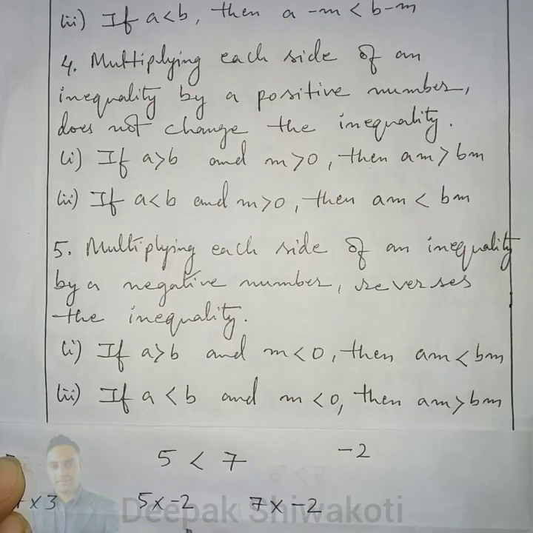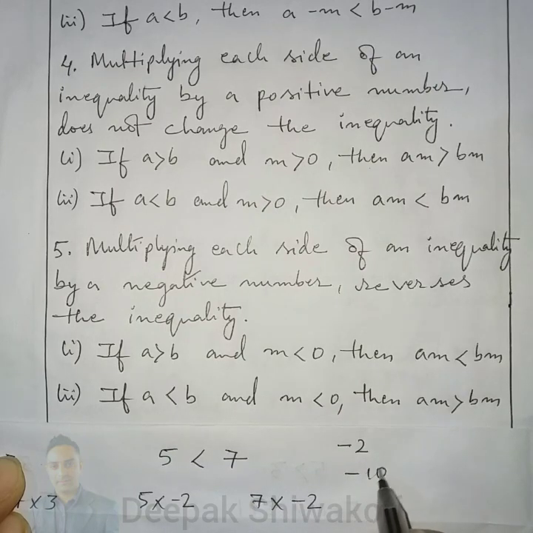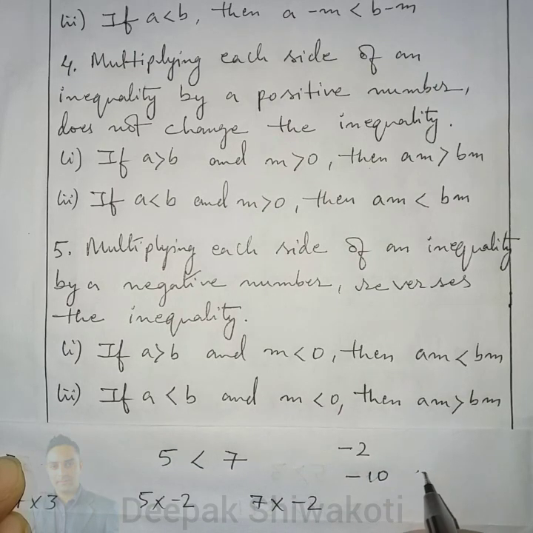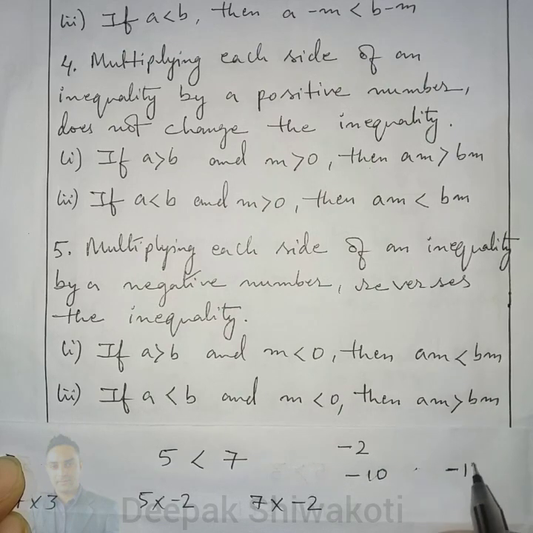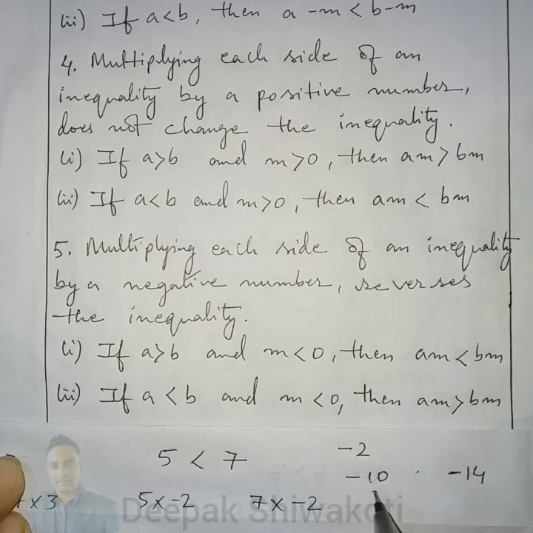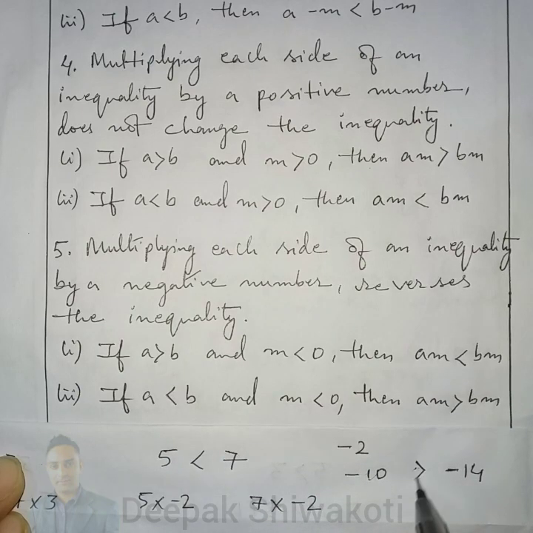What changes do we get here? This will become minus 10 and this will become minus 14. So minus 10 is greater than minus 14, isn't it? So the sign of less than changes to greater than.